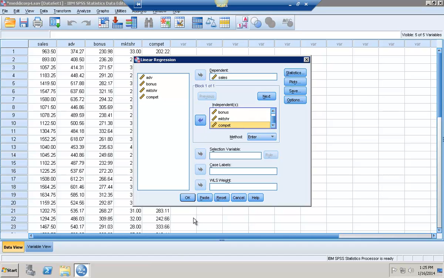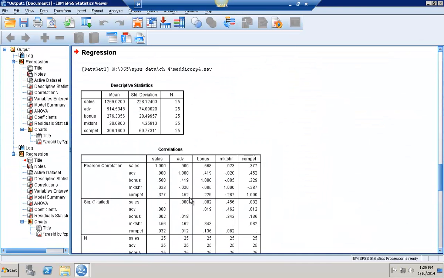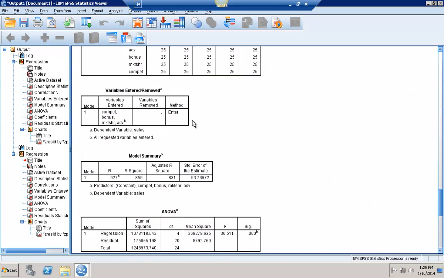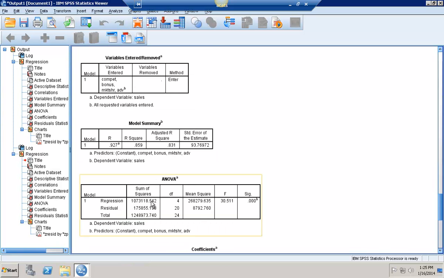Keep everything as I had before, and I'll click OK. So now to do that partial F test to compare the full and reduced, I'll compare that 181,000 number that I had before with this 175,855.198. So that's the SSE that I'll be using for my full model in order to make that comparison.